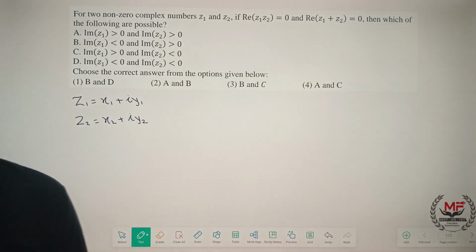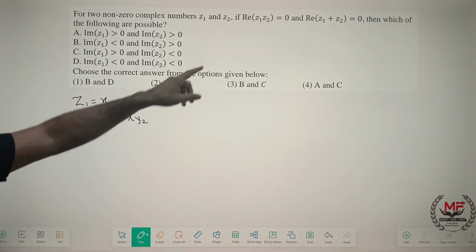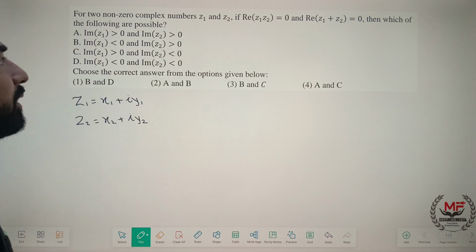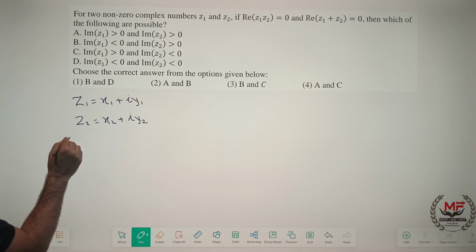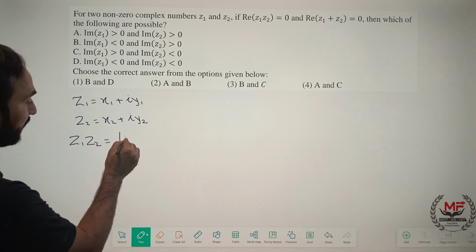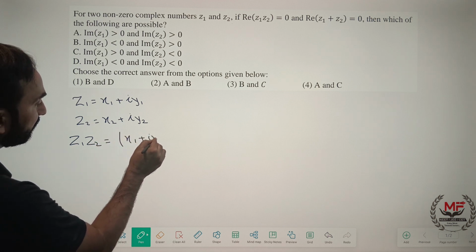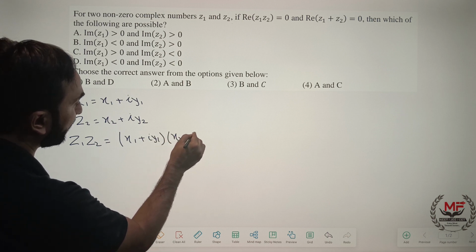Next, we can see that the real part of z1 into z2 is mentioned as 0. So we will multiply z1 into z2 first. We will get (x1 plus i y1) multiplied by (x2 plus i y2).